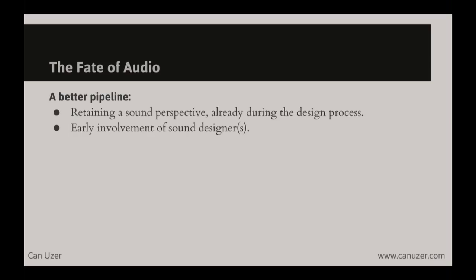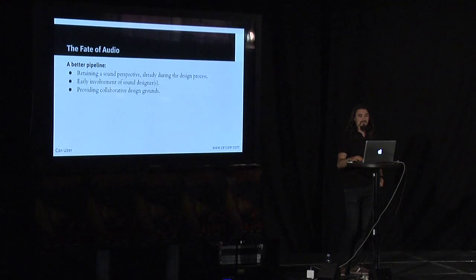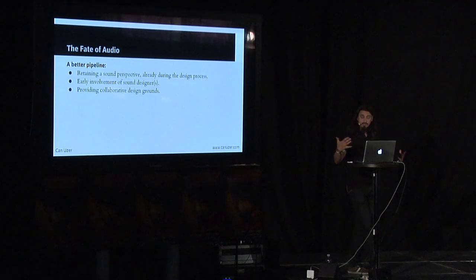I'm going to show some examples from my own work later, of this. So try to implement, if you're incorporating a sound designer, try to get them early in the process. So try to create a collaborative ground where people can communicate.